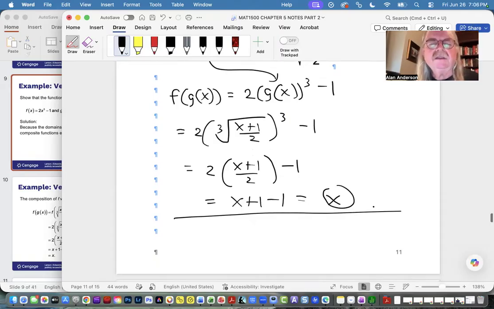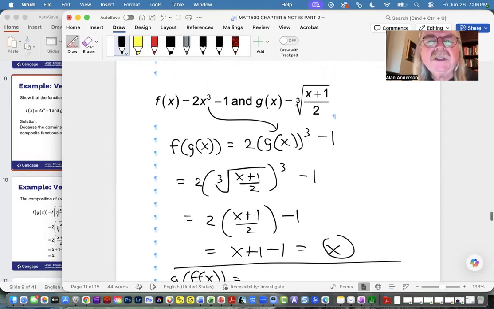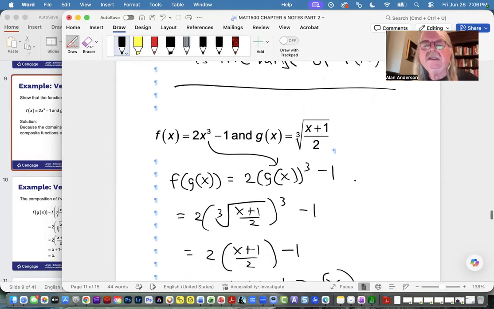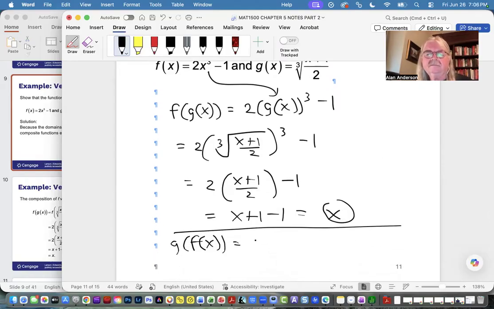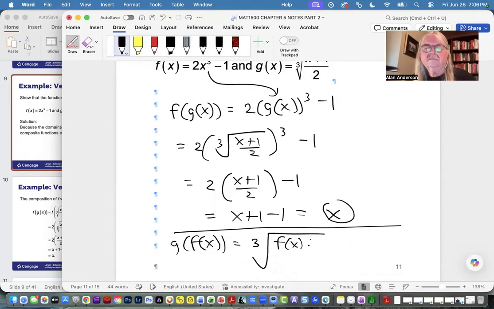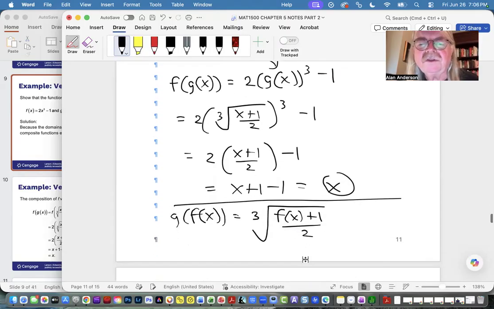And then we'll do the g of f of x. And now g is this cube root. The x has to be replaced with f of x. So we have the cube root of f of x plus 1 over 2.